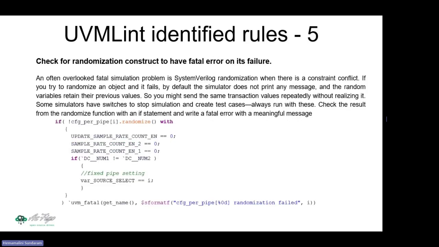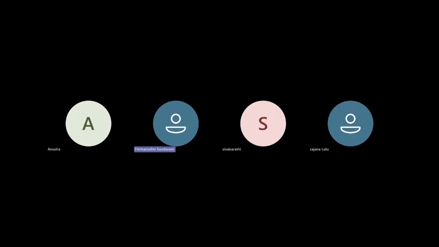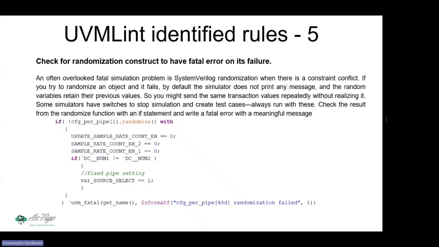Now about randomization. The rule name or the rule itself is what is important, not the number. Now, this rule is about randomization constructs having a fatal error on failure, right? It is often overlooked that a fatal simulation problem in SystemVerilog randomization occurs when there is a constraint conflict.